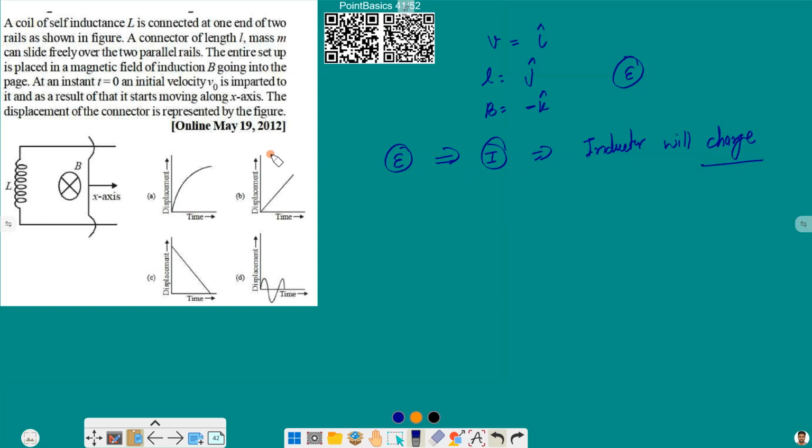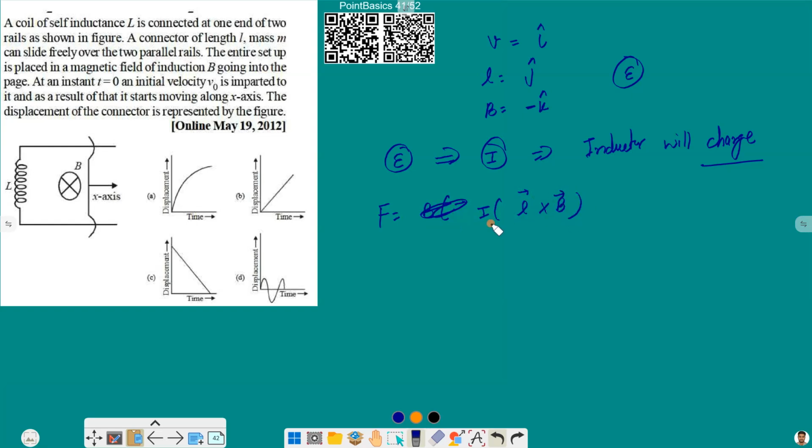Now the inductor is charging and there is a current in the circuit. When there is a current through a conductor, and that conductor is in a magnetic field, there will be a force acting on that conductor, and that force is given by I into L cross B.